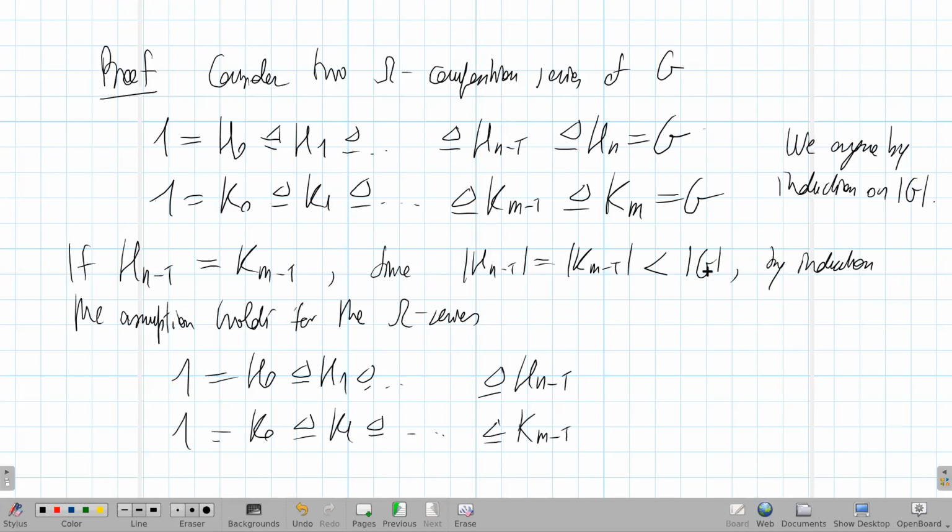These groups are smaller than G, than the order of G. And so what I can say is that the length is the same. So this implies in particular, of course, that n equals m. And the factors here are isomorphic up to a permutation.